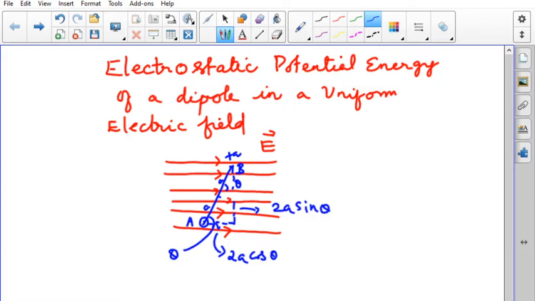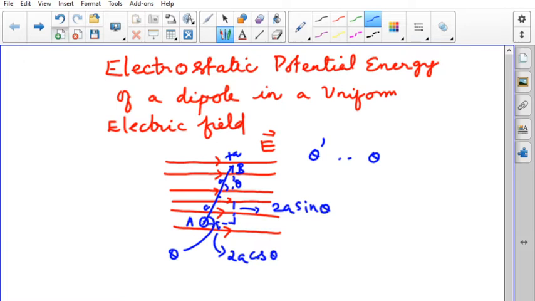So to rotate this dipole with a constant angular velocity, say from the angle theta dash to theta, against the torque exerted by the electric field, an equal and opposite external torque must be applied on the dipole.